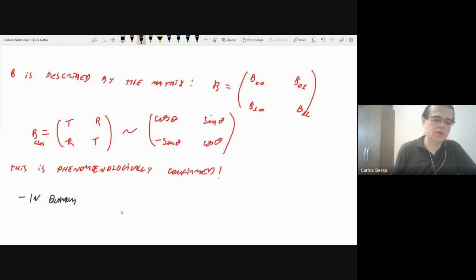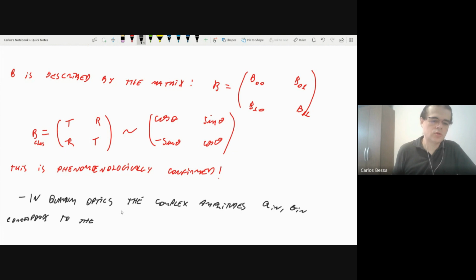In quantum optics, the complex amplitudes A in, B in correspond to the annihilation operators of the incident fields.